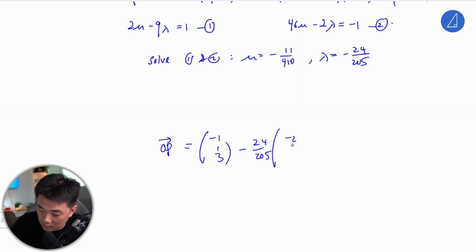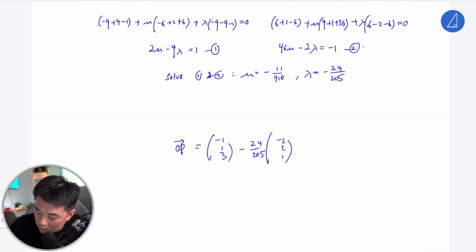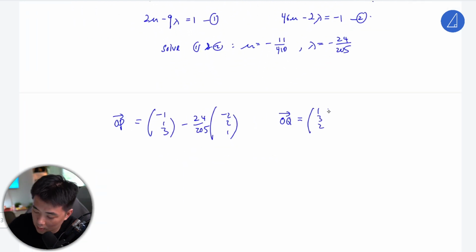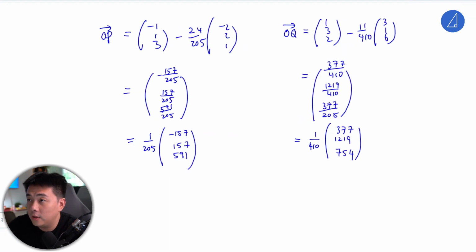That will be minus 221. OQ would just be the other one. Substitute in the second line equation. OQ will be 132 minus 11410 minus is 316. So after keying the calculator, this is my OP and OQ.